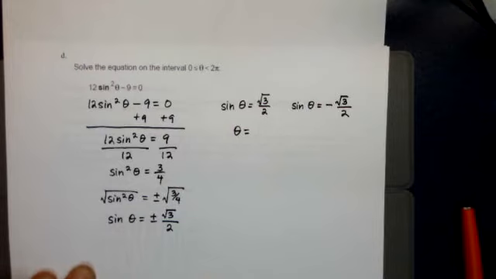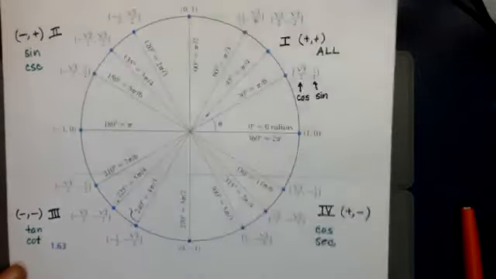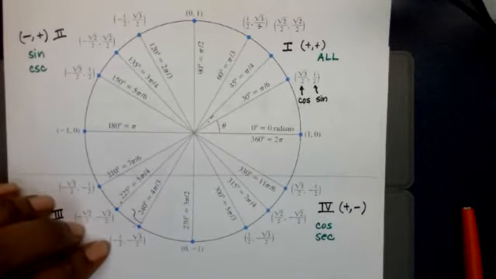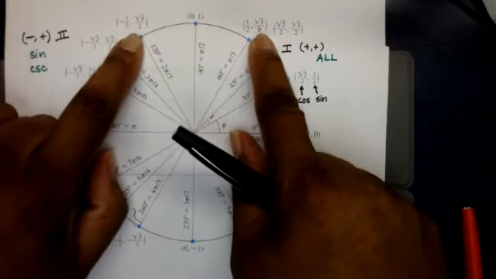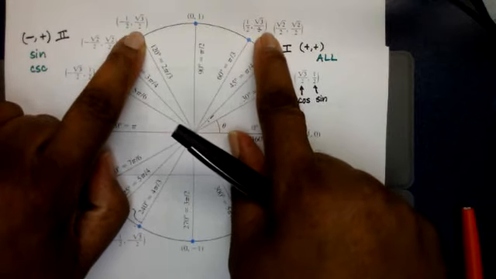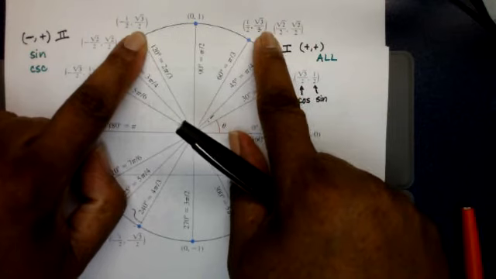I know that sine is the y-coordinate on the unit circle. So I need to find out what points have the y-coordinates of the square root of 3 over 2. Right here and right here. Here's square root of 3 over 2 and here's square root of 3 over 2 as their y-coordinates.